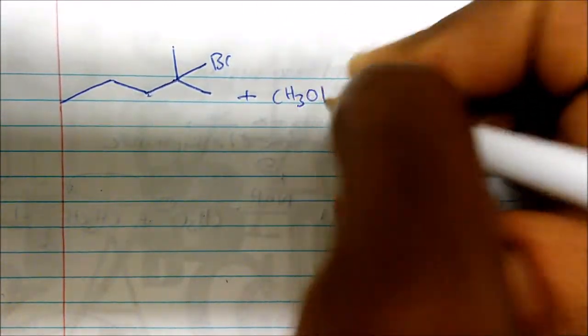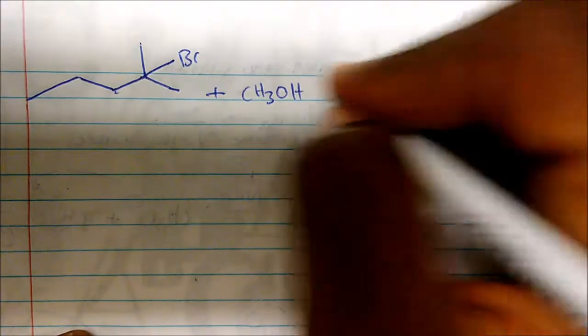But something that is very important. Remember we said that we need SN2-like chemistry. So maybe we should point something out here. Maybe an instructor gave you this on an exam, and you decide to add methanol and sodium hydride.